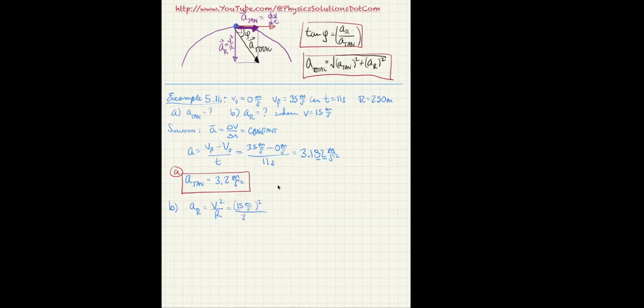And then I'm going to divide that by 250 meters. So 15 squared is 225, divided by 250 gives me 0.9 meters per second squared, and that is equal to A_radial.